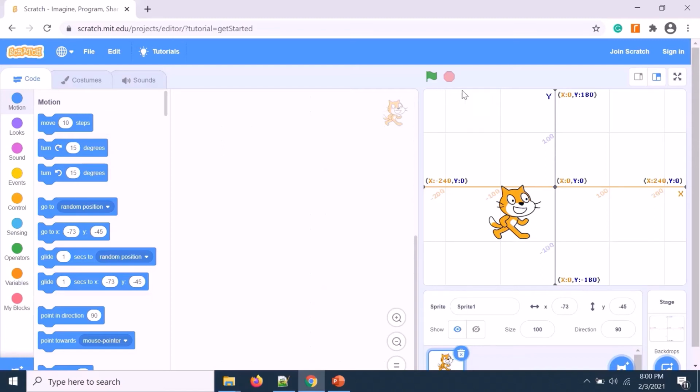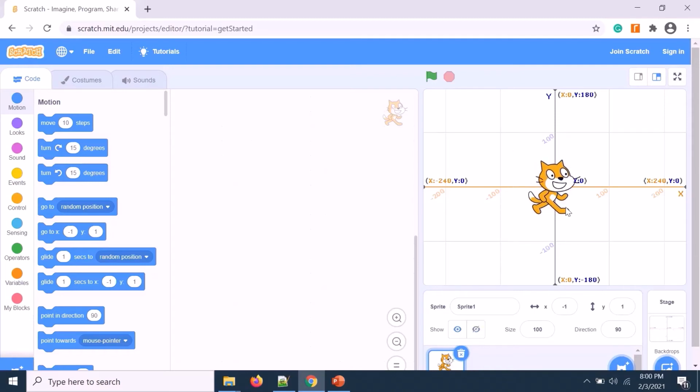In this area the sprite is moving here and there. Let's say at this particular position, what is the coordinate? x is 100 and y is 100.